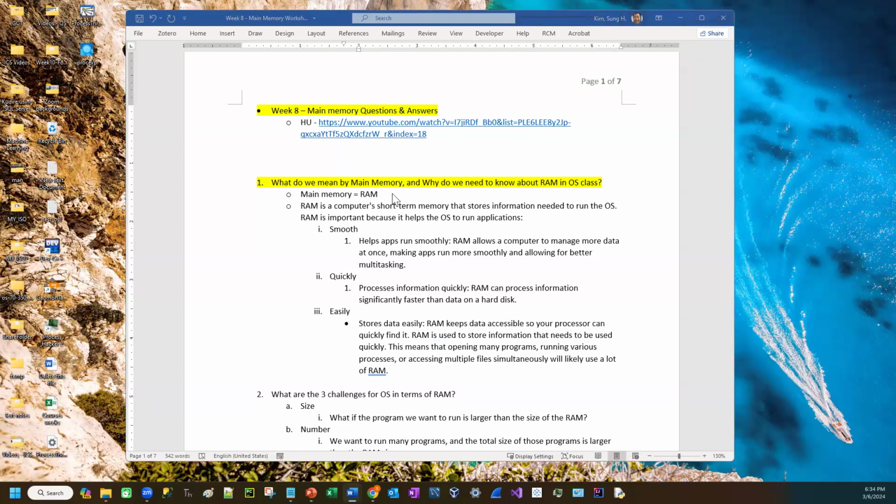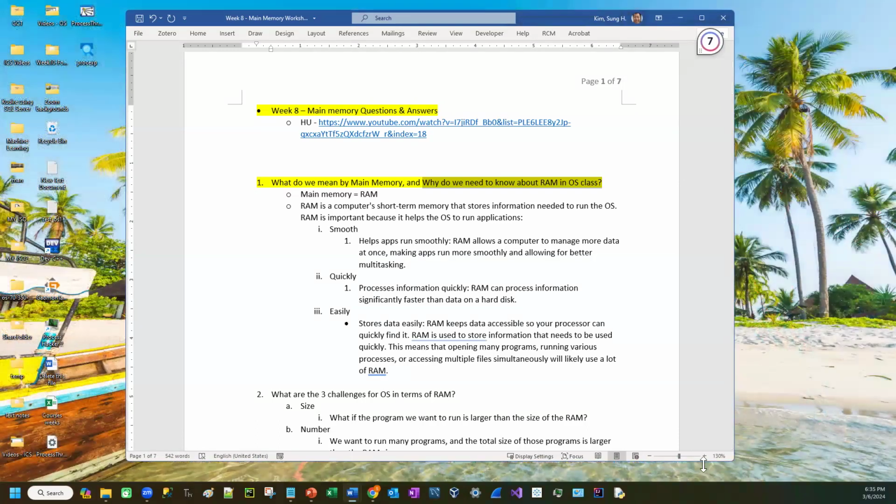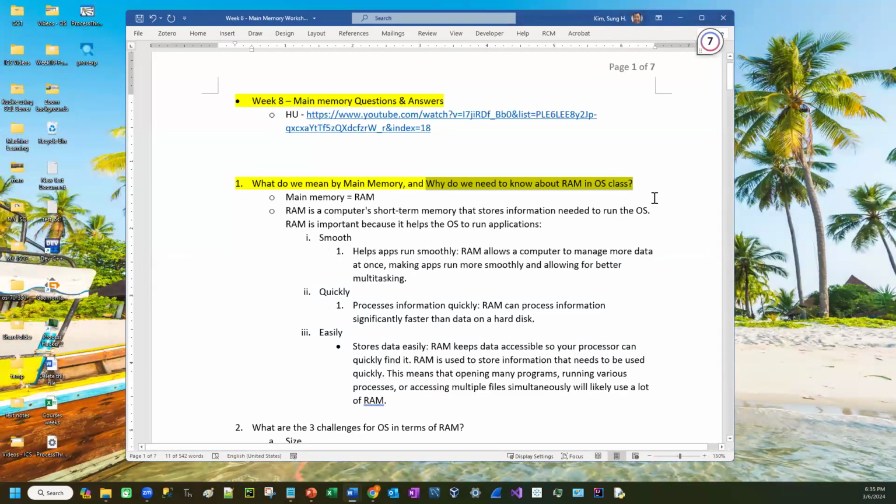Anyway, that's what we mean. And just in case anybody's wondering, why do we even need to talk about RAM in an operating system class? What has RAM got to do with the operating system?